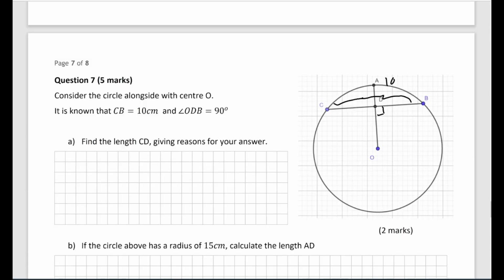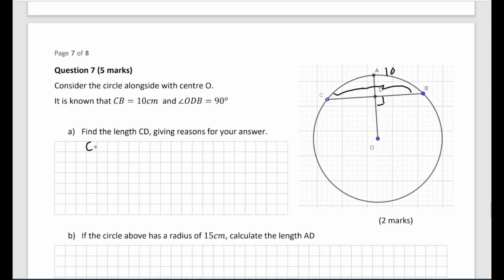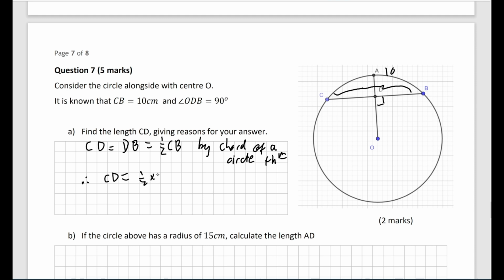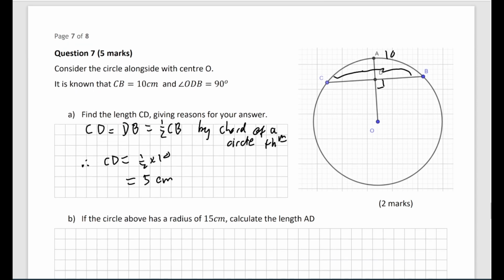So we got the right angle. So CD equals DB equals half of the total length by chord of a circle theorem. Therefore, CD equals a half of 10, which is 5 centimeters. So let's label that in 5.